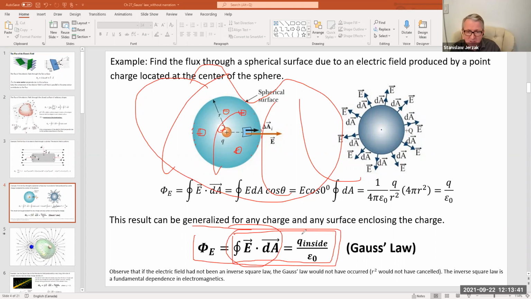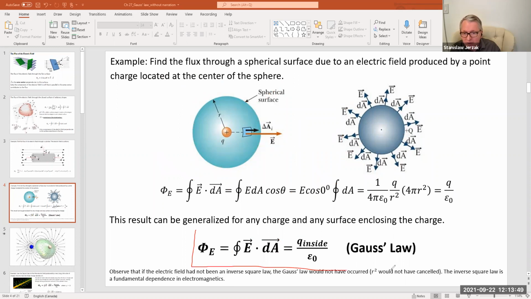So the Gauss law is extremely important and useful, and so this is the general formulation of the Gauss law.